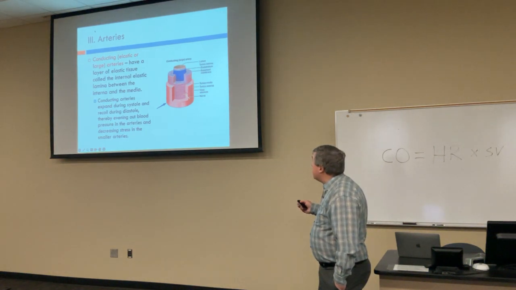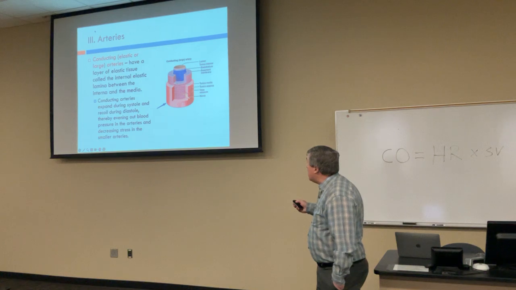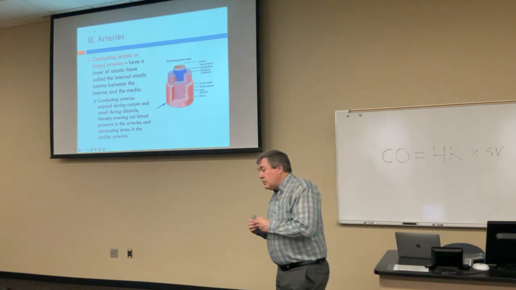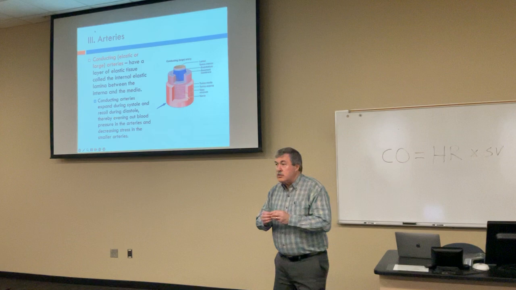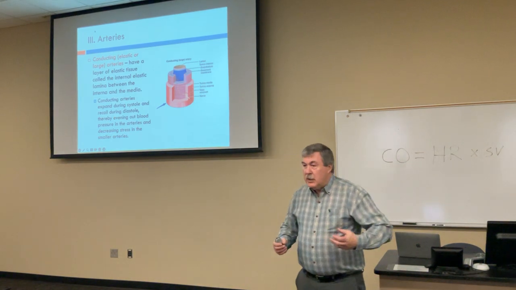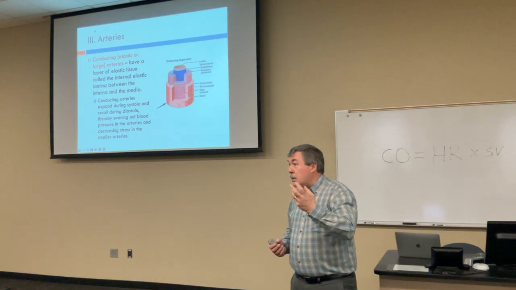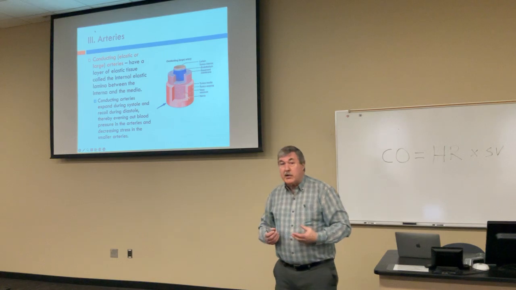This is the layer right here of elastic tissue. It's a fairly thick layer, and that allows the elastic arteries to stretch, which is important because when the heart pumps blood out of the heart and into the aorta and the pulmonary trunk, it's under high pressure.